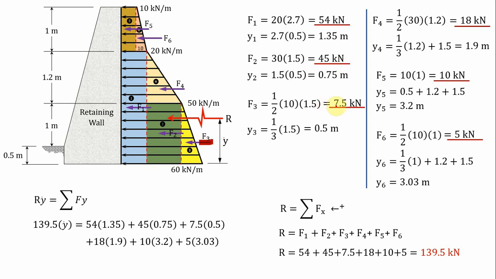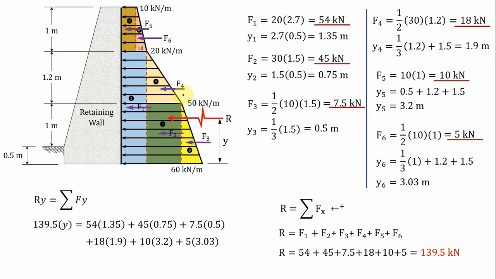F3 is 7.5 kilonewton times its moment arm of 0.5. How about F4? F4 is positive, 18 kilonewton. What is its moment arm? That is equivalent to 1.9 meter. So 18 times 1.9 meter.